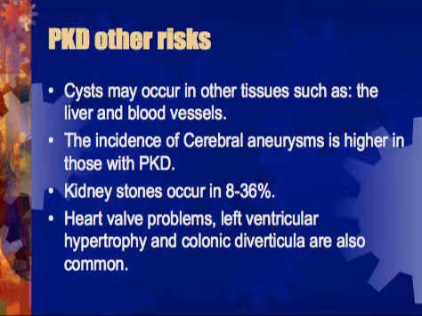In these patients, because of static urine staying in those kidneys due to the cyst obstructing the flow and such, many of these folks do have kidney disease, as you see. Also included on this PowerPoint slide, you do see the mention of heart valve problems.